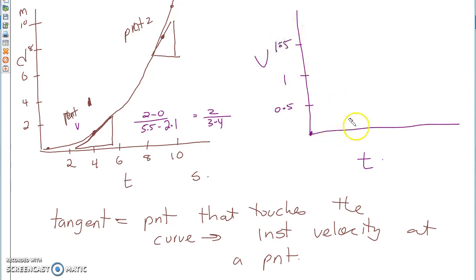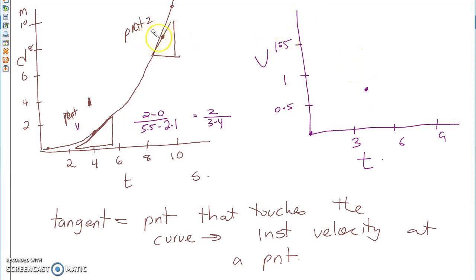So this is going to be the first point right here, and it is going to be 0.58, let's say, at 369 seconds. So approximately about here, 0.58. That's the first point.